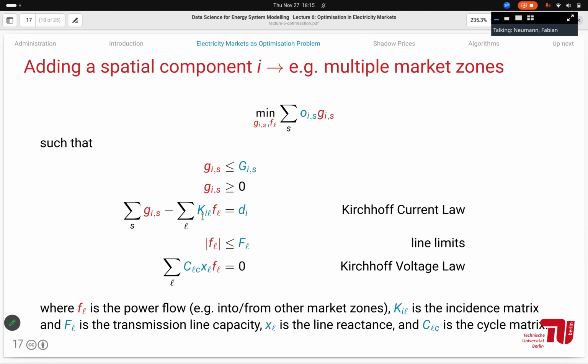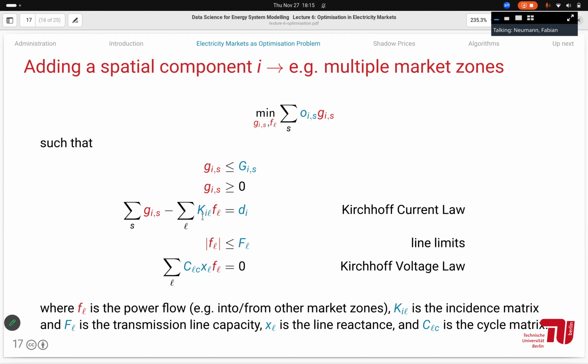Everything else stays the same, with the addition that the absolute flows, absolute because the flows could in principle go in either direction, also have to stay within a limit, very similar to the generators.